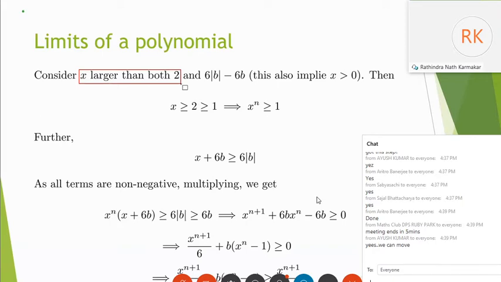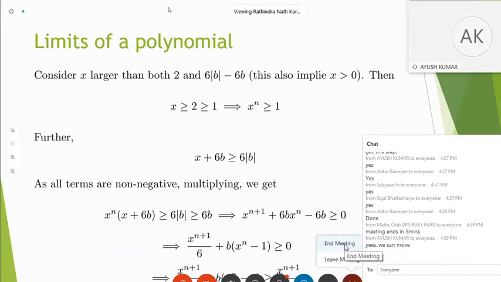Now we make another... Okay, meeting ending in 5 minutes, so rejoin the meeting. Vanit, end the meeting just now. We will rejoin. Dada, what's that? X larger than both 2 and 6 mod b minus 6b?